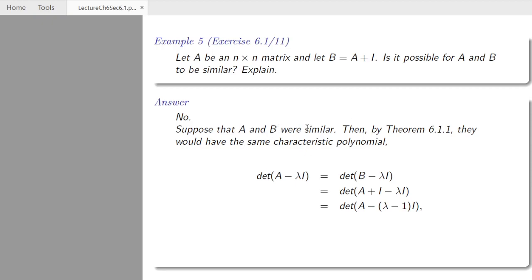Suppose A and B were similar, then from Theorem 6.1.1, they should have the same characteristic polynomial.